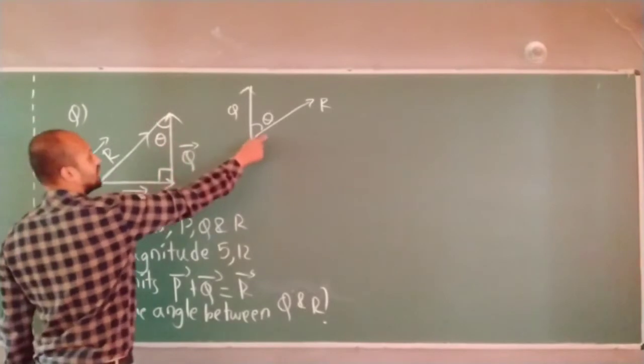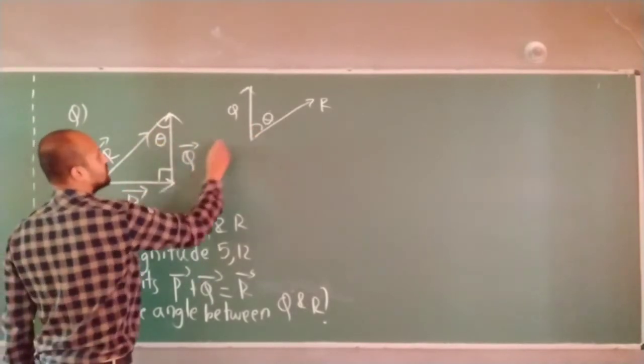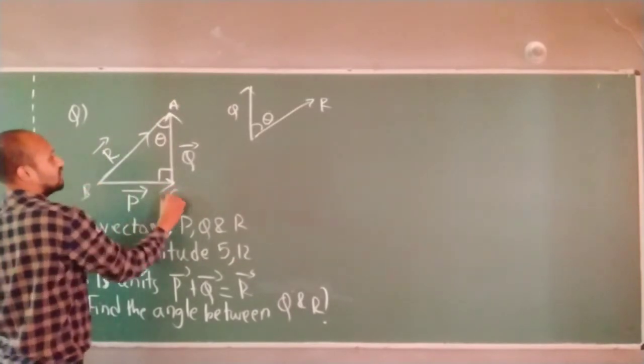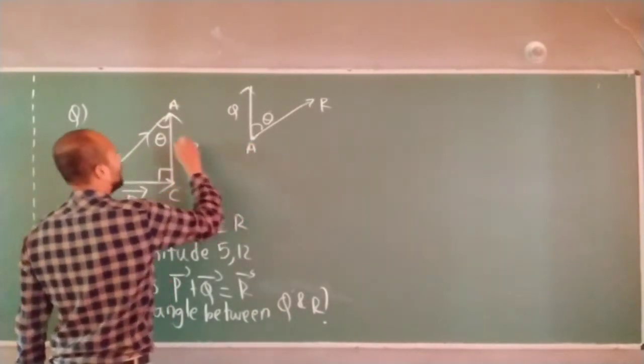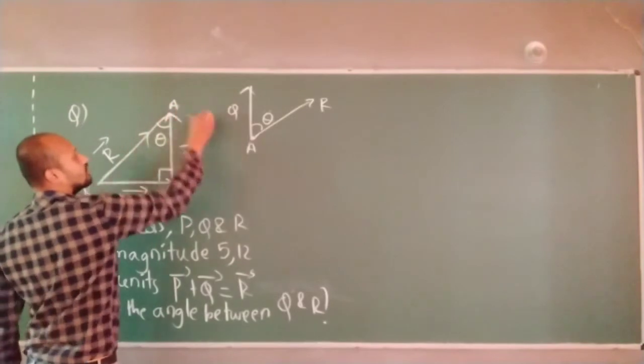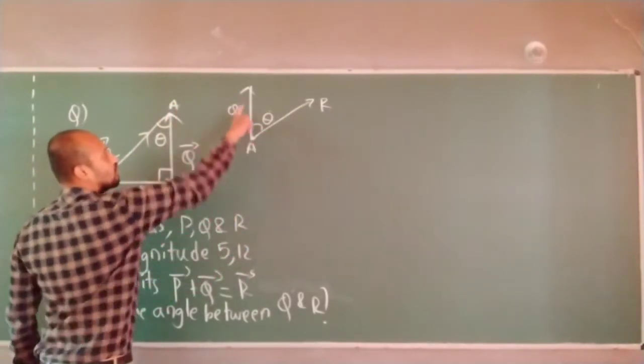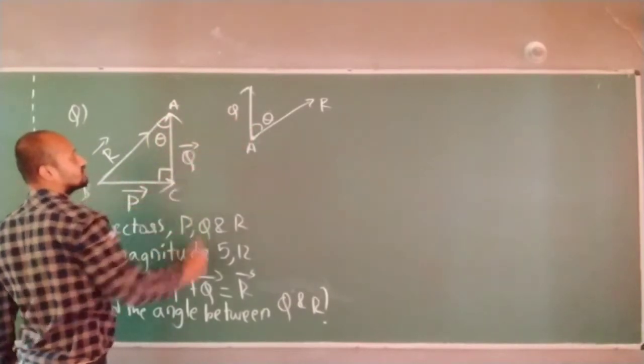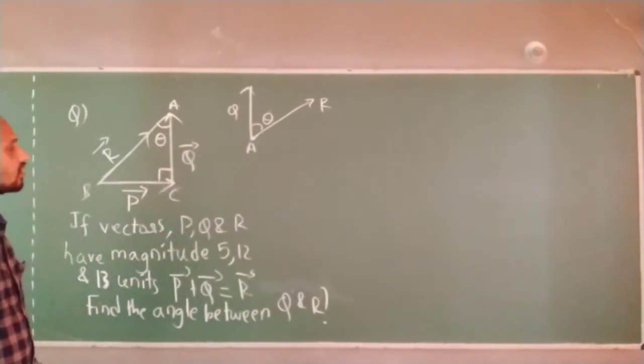So this theta will be equal to this theta because of vertically opposite angles. If this point is A, vertically opposite angles. Got it now?